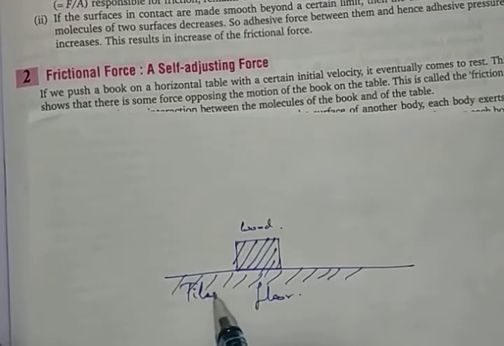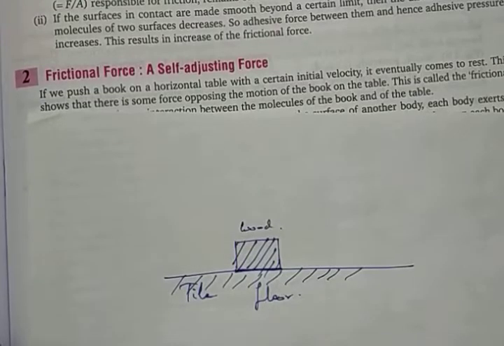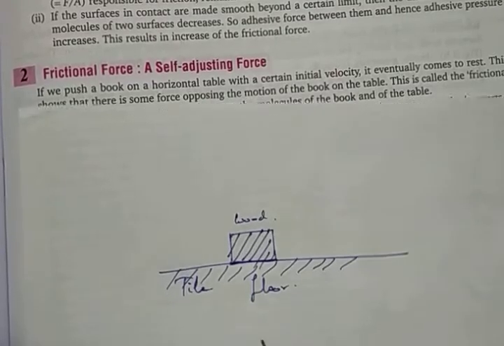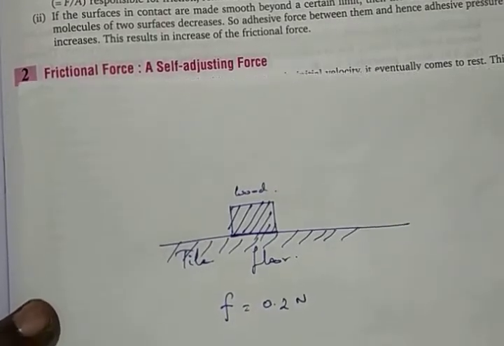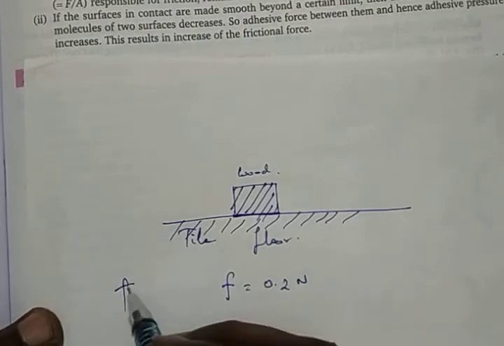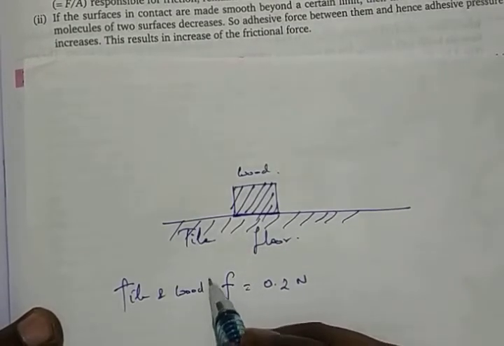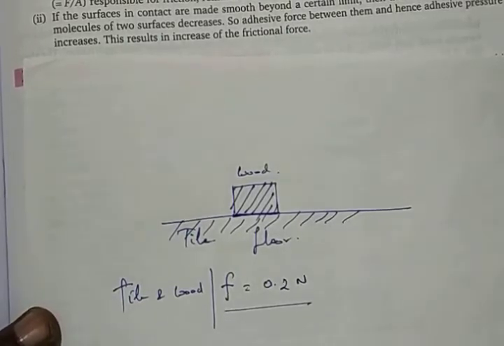Both of them have a surface of contact. This is called the surface of contact. These two will have a standard value of friction. Let us assume the standard value of friction between a tile and wood, if they slide over each other, is 0.2 newtons.